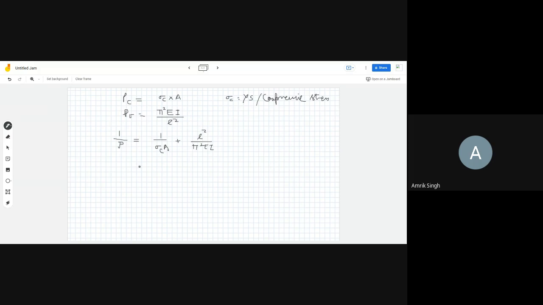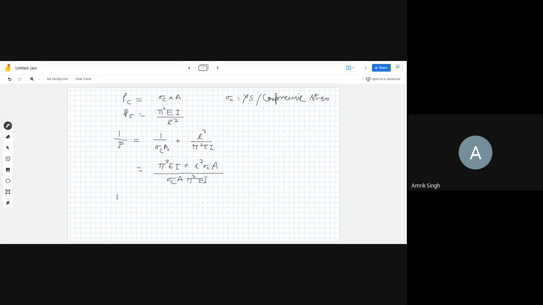If you cross multiply this, it will be pi square EI plus L square sigma C into A divided by sigma C A pi square EI.